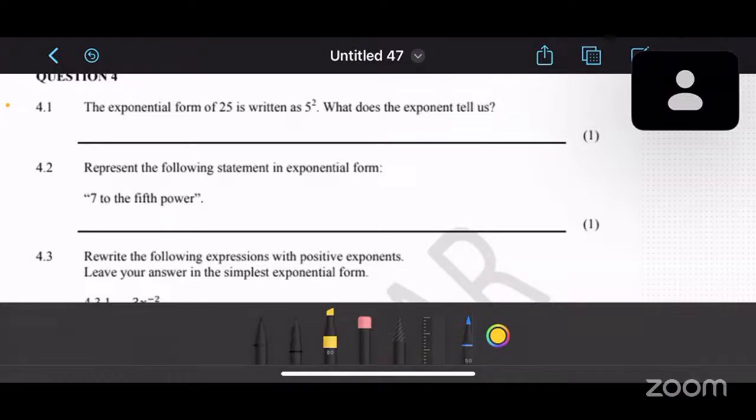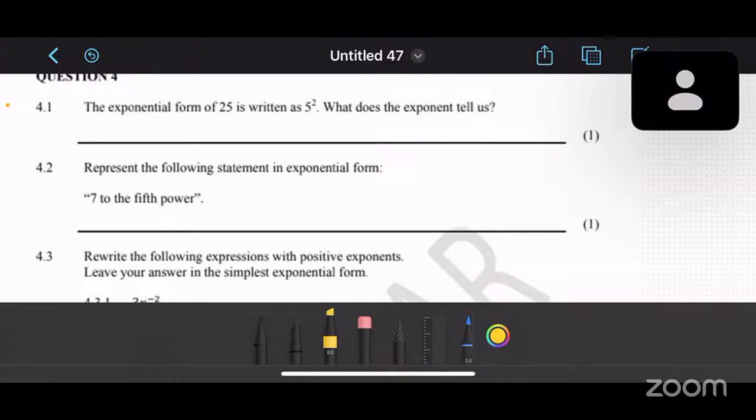Then let's move to 4.2. 4.2 says represent the following statement in exponential form: 7 to the 5th power.